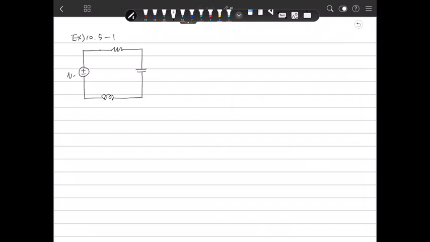So this is Vs. This is 9 ohm. This is 1 millifarad and 10 millihenry. And Vs is a sinusoidal input, 100 cosine 100t volts.